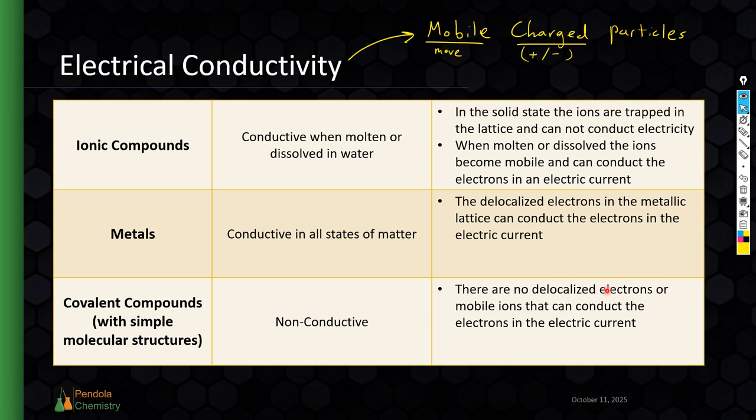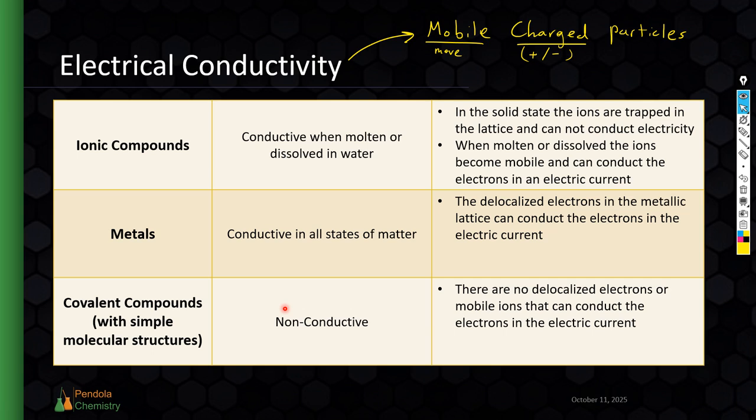There are no delocalized electrons, there are no ions in covalent compounds, and there's definitely nothing that moves around. Their molecules are fixed, all of the electrons are fixed within the molecules and their bonds, and so there is no mobile charged particle to conduct electricity, and therefore all covalent compounds are non-conductive. They do not conduct electricity.